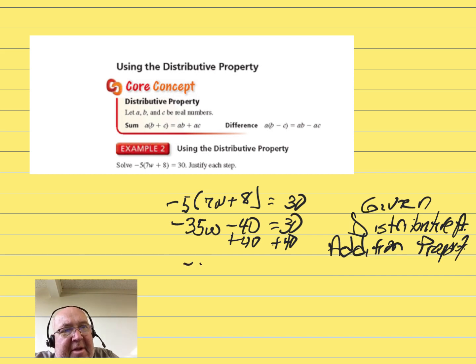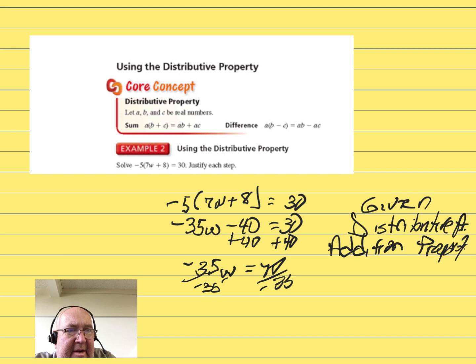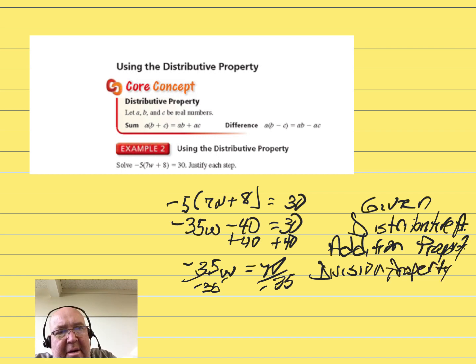We end up with negative 35w is equal to 70. We're going to divide by negative 35, and that's the division property. And we're going to get w is equal to negative 2.